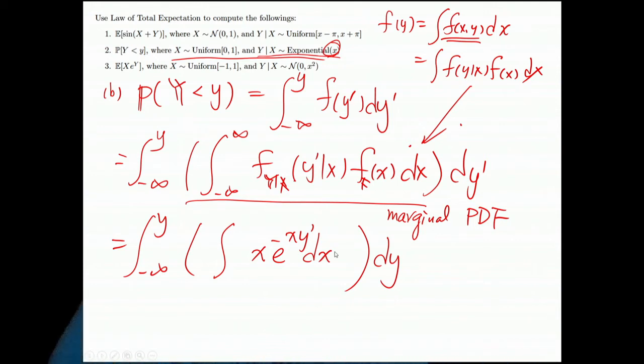And how about the limit? Here is 0 to 1. X is always from 0 to 1.